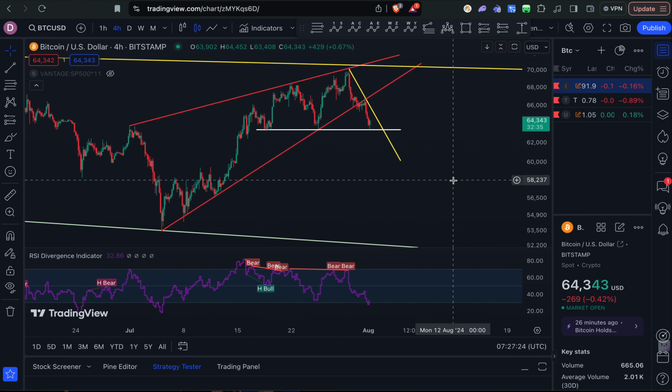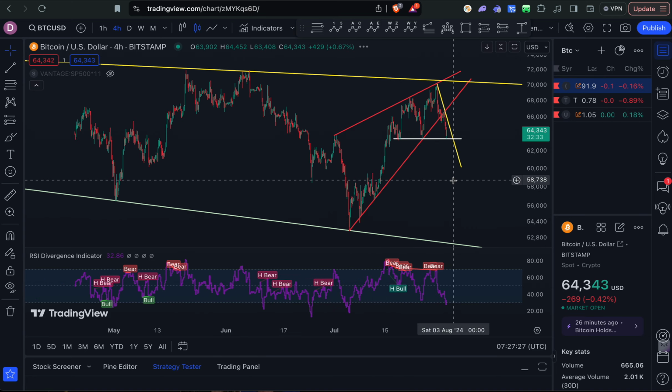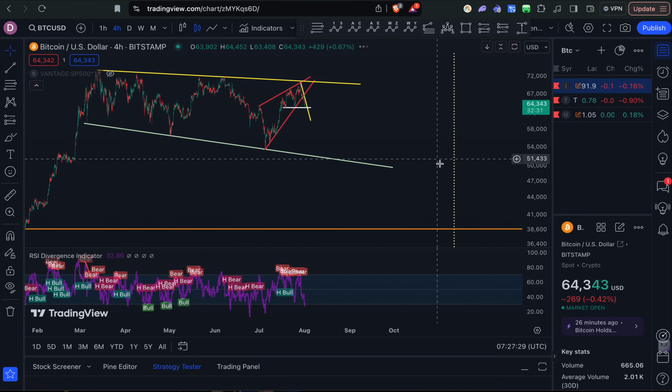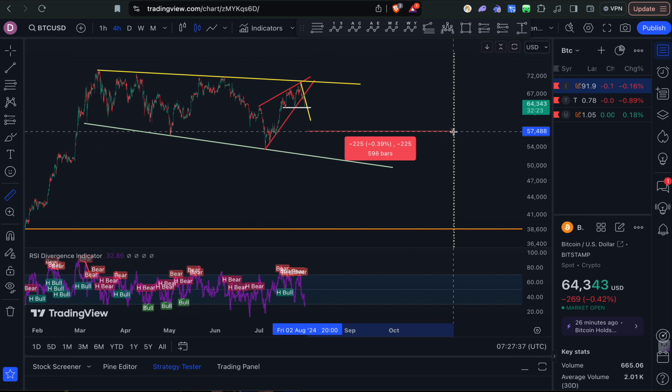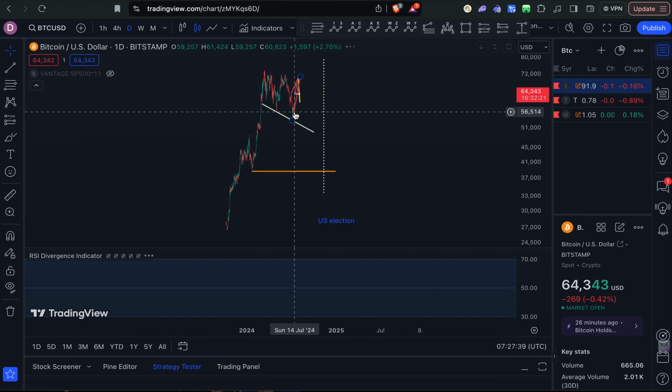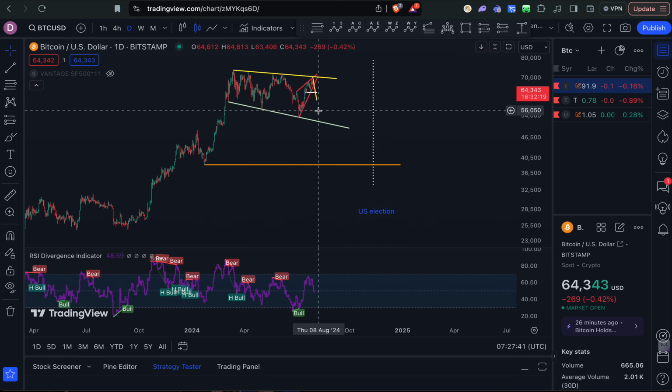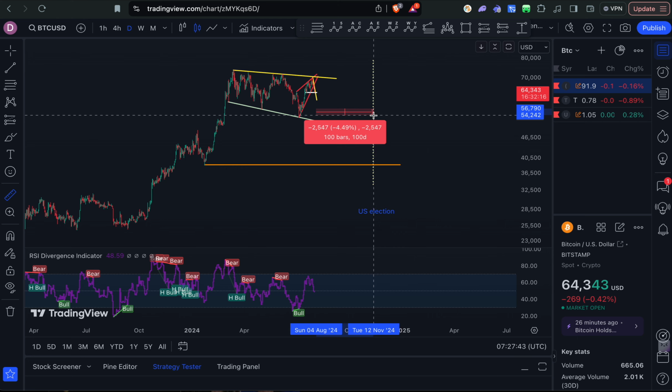So now the expectation of people, I feel like, is that they are waiting for the election, which is marked with this line here. So we still have quite many days to actually get there. Let's go to the daily view. From here to here, it's roughly 100 days to the election.